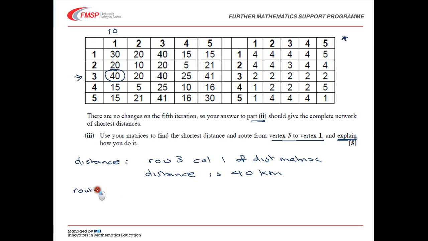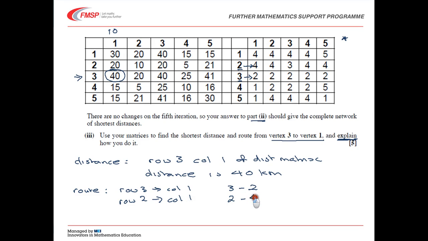With the route, it's a little more interesting. So we're starting at vertex 3 here, and the first thing we do is we move to column 1. So we're going row 3 to column 1, and that takes us from 3 to 2. So we're now at 2, and we go from 2 to column 1, and that takes us to 4.